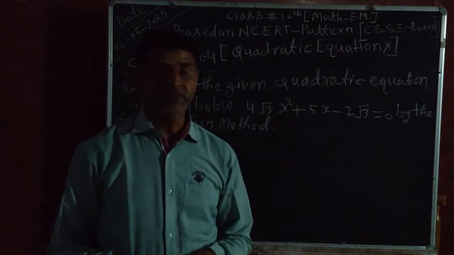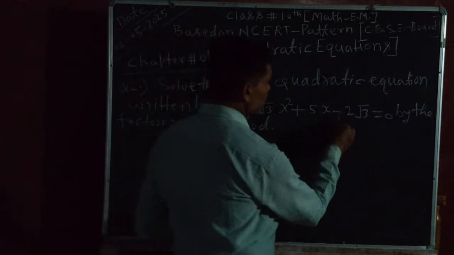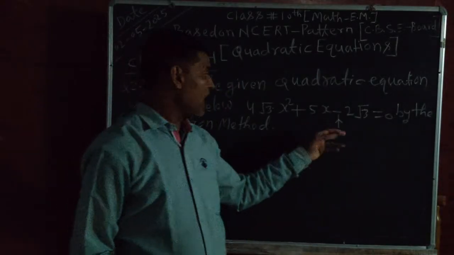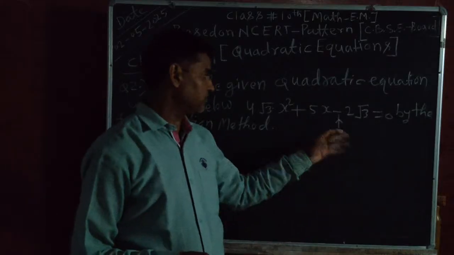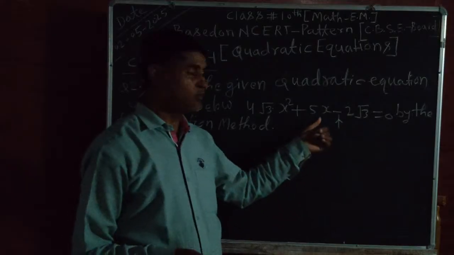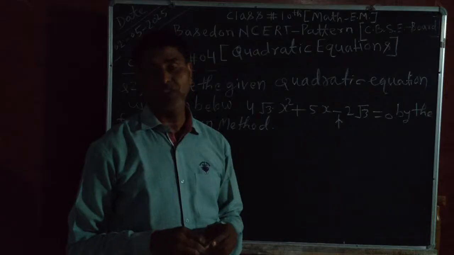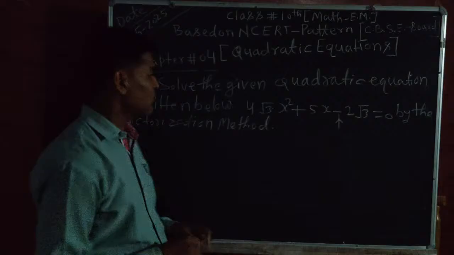For the constant term, if there is minus, then after subtraction the coefficient of x will be obtained. If there is plus, then after addition the coefficient of x will be obtained. If you arrange like this and simplify, you will get the solution of that particular quadratic equation.